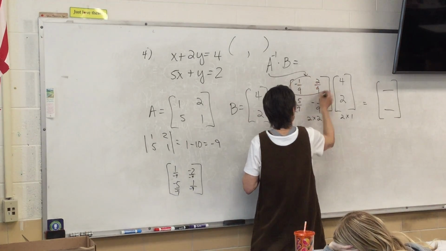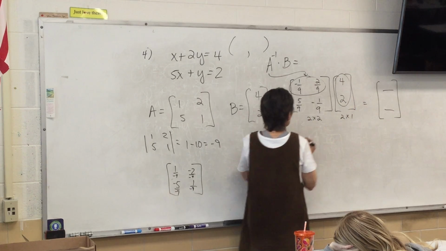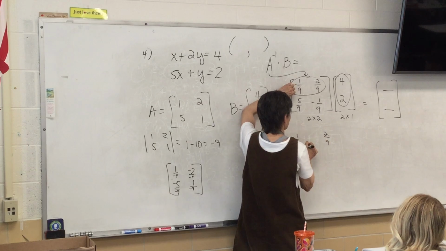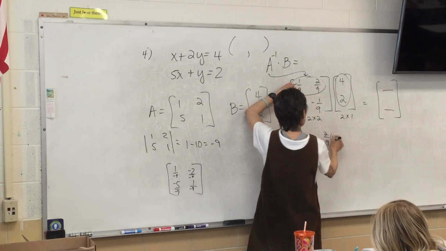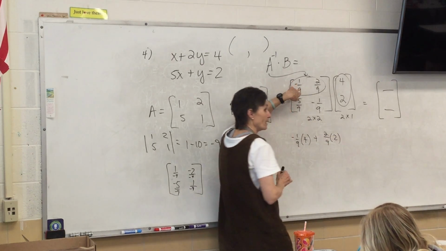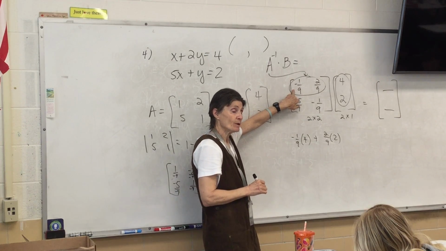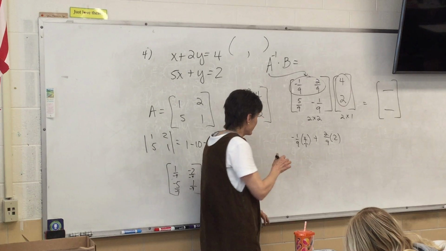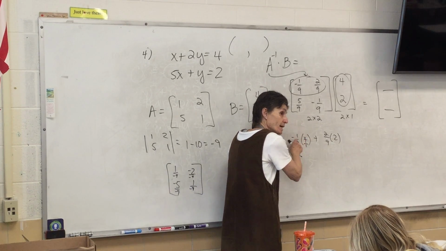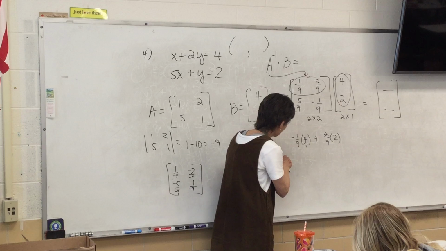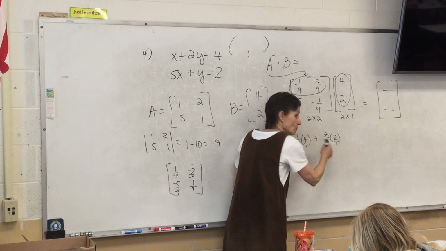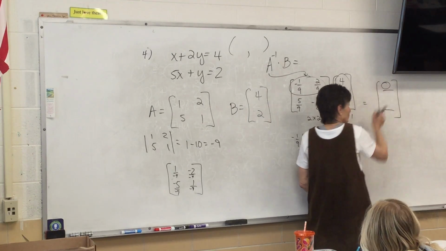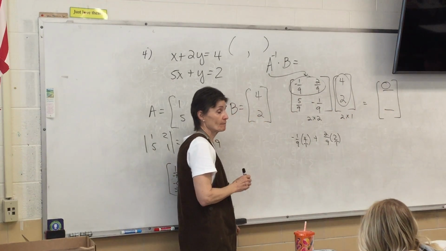So row 1, column 1. So -1/9 and 2/9 times 4 and 2, added up. Remember, when you multiply by a whole number, it's like over 1. So this is -4/9. Oh my gosh. And that is also 4/9. So it cancels to 0. So I got X equal to 0.